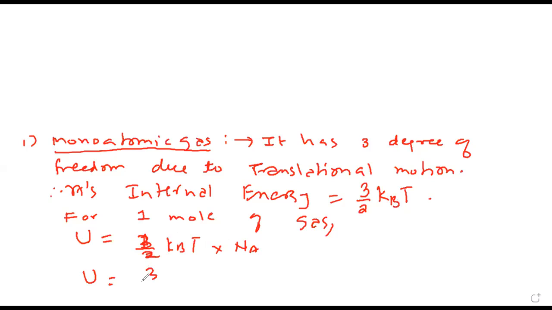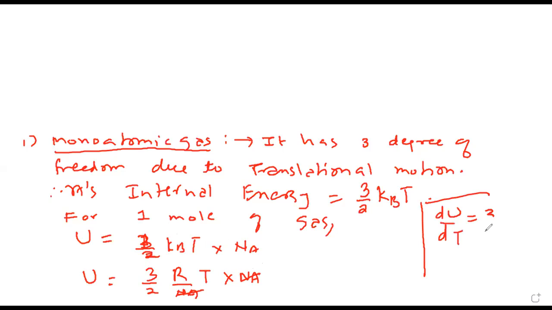So U will become 3 by 2 R upon Na, that is Boltzmann constant, into T into Na. So we can cancel Na. Now can I say dU upon dT will be 3 by 2 R by derivative? This is nothing but Cv.